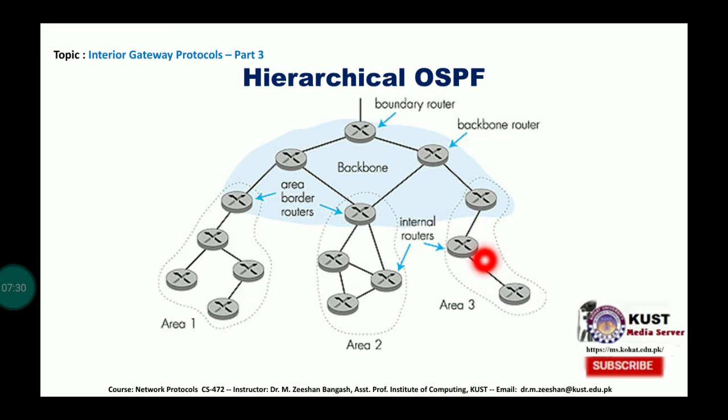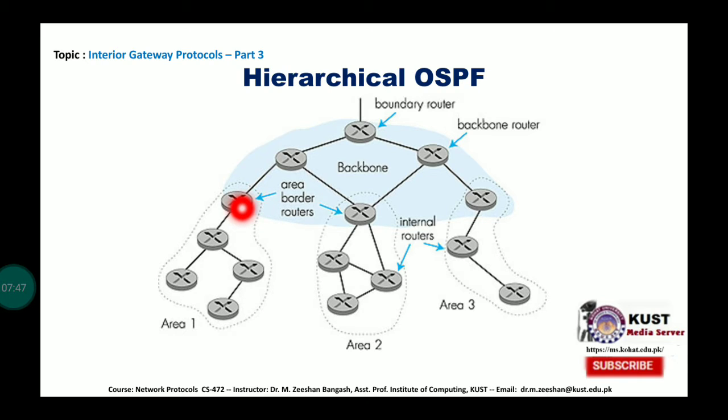That complete network may be one autonomous system. We can say that this complete autonomous system is divided into three sub-areas, and each area has an area border router.